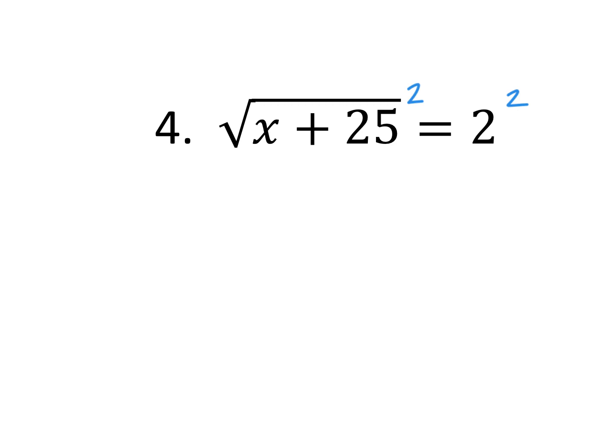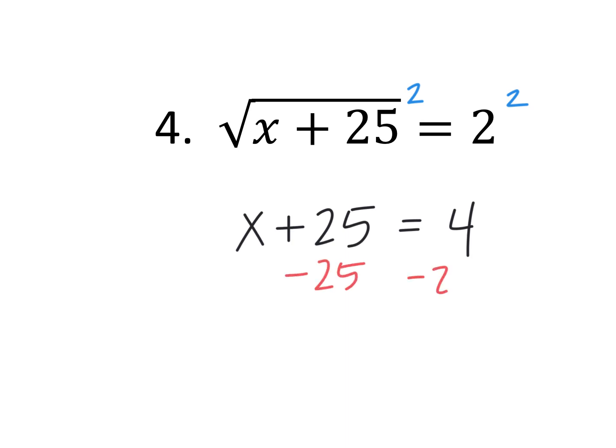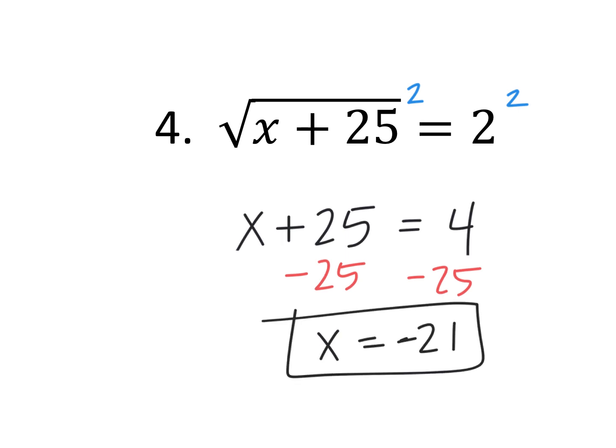That's the only reason we do that. So x plus 25 is equal to 4. And can you please carry on, solve it, and check it? Plug it back in.